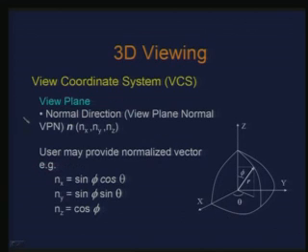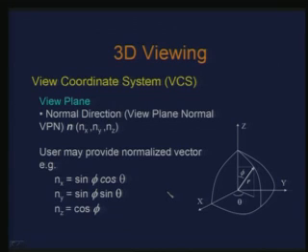Now, for defining the normal direction, there could be various ways. One can define a vector and say that this is the normal of the viewing plane. But there could be other ways which are more intuitive and convenient.